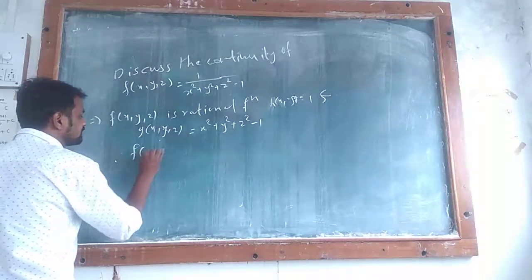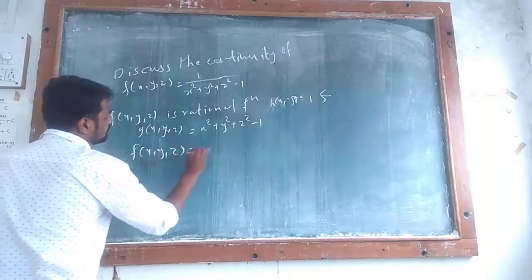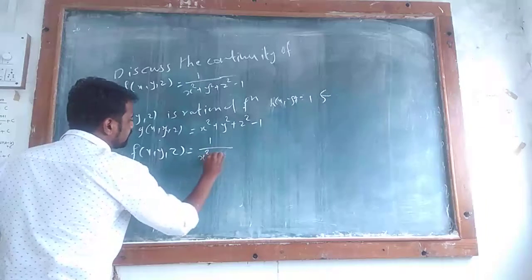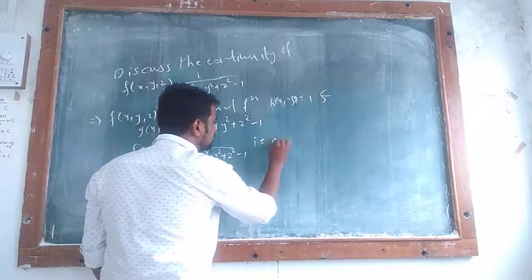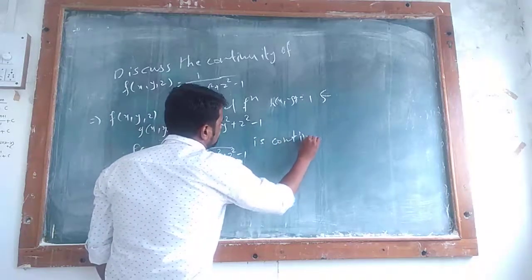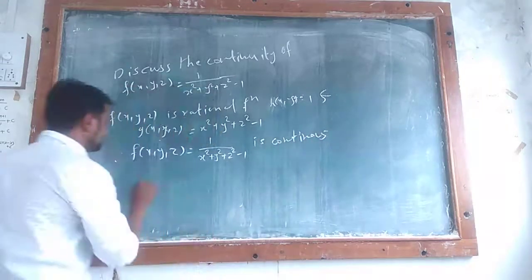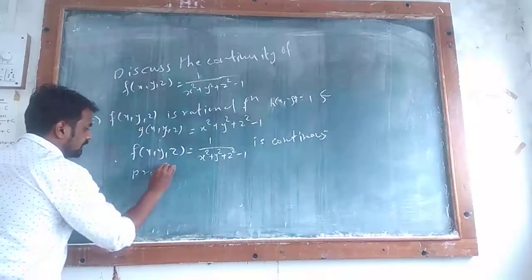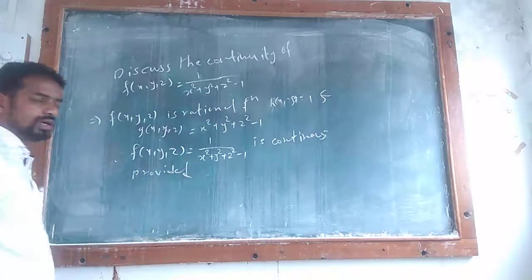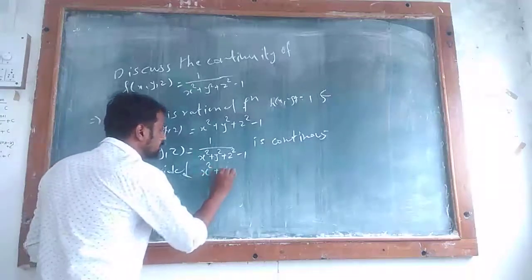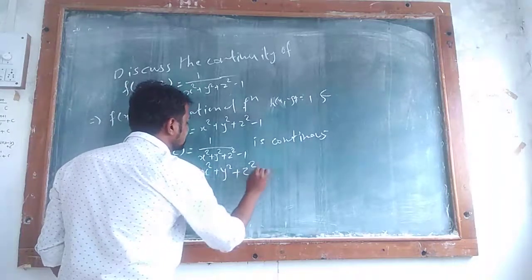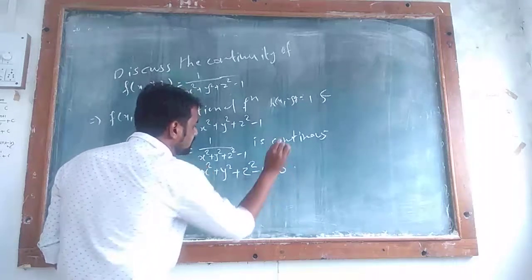Therefore f of xyz is equal to 1 upon x square plus y square plus z square minus 1 is continuous, provided we have only one condition: the denominator is not equal to 0, that is x square plus y square plus z square minus 1 is not equal to 0.